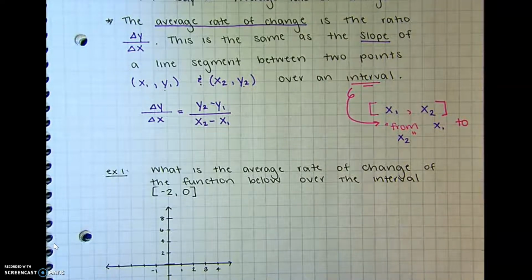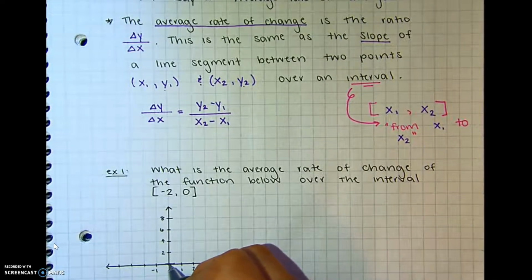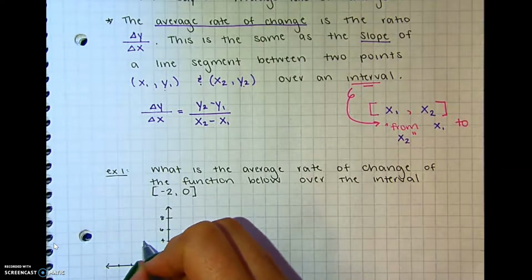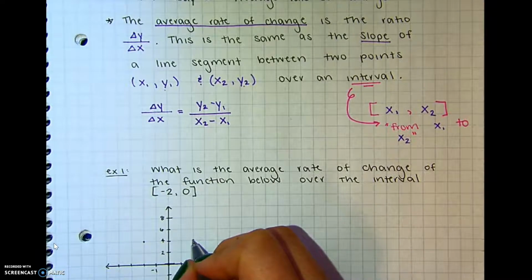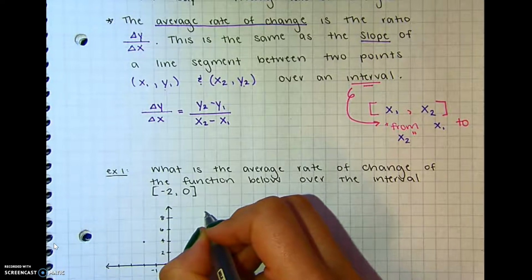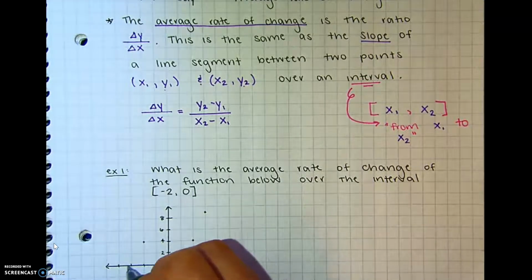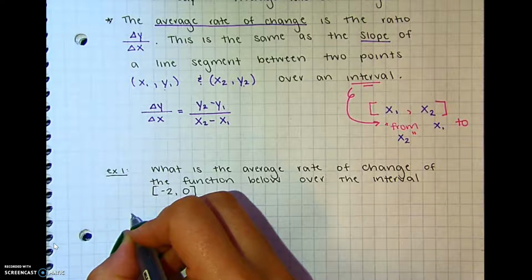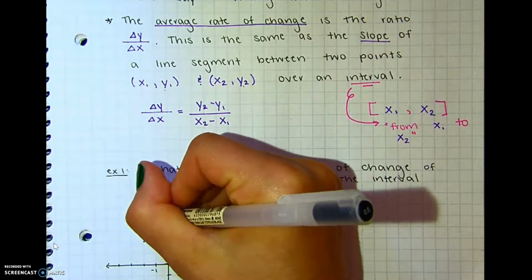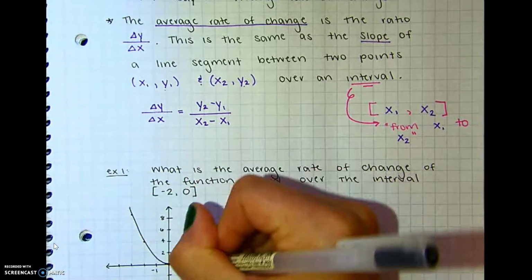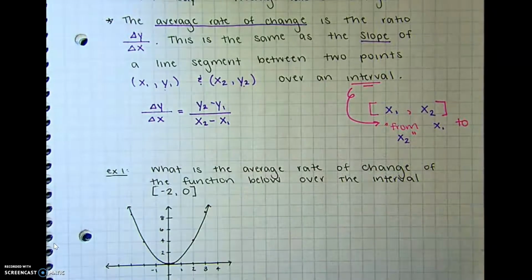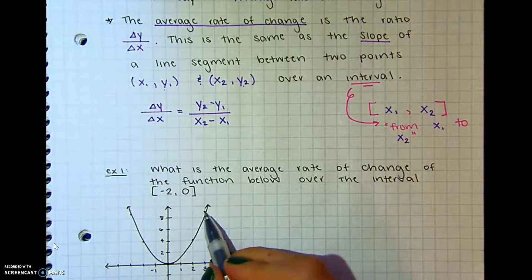So I'd like you to plot the points at 0, 0, -2, 4, +2, 4, and then 3, 9, should be in between, and -3, 9. And then the vertex is at 0. Try to make this curved if you can. That wasn't too bad. Okay. Just pretend that it's actually going through there.